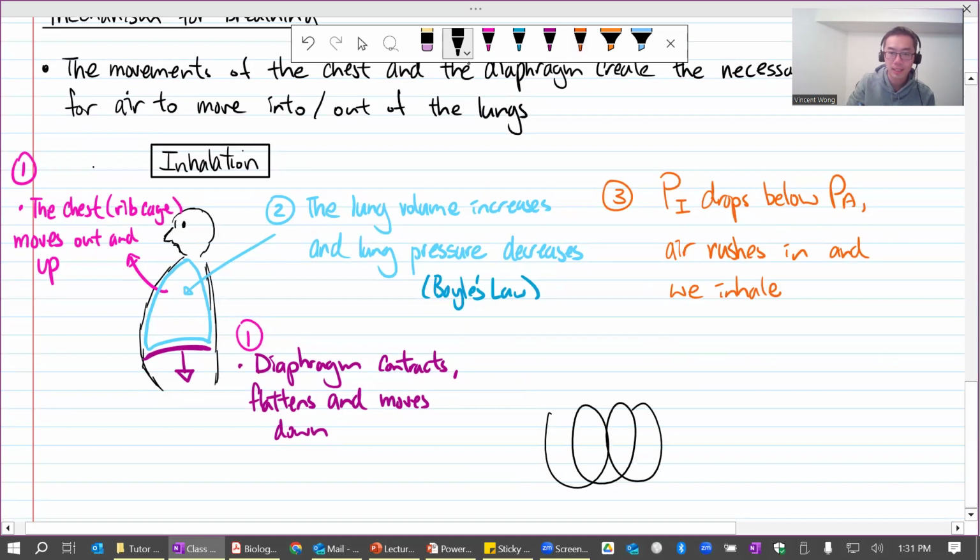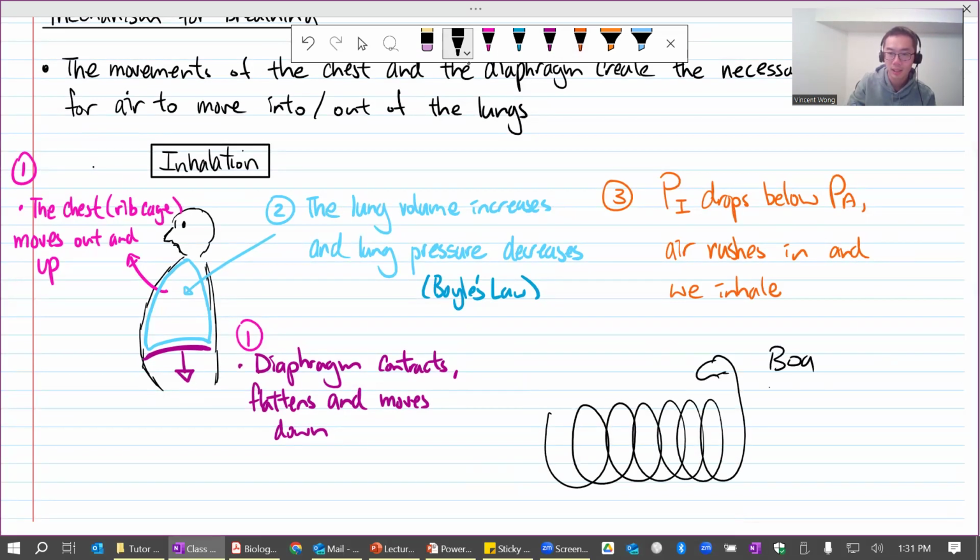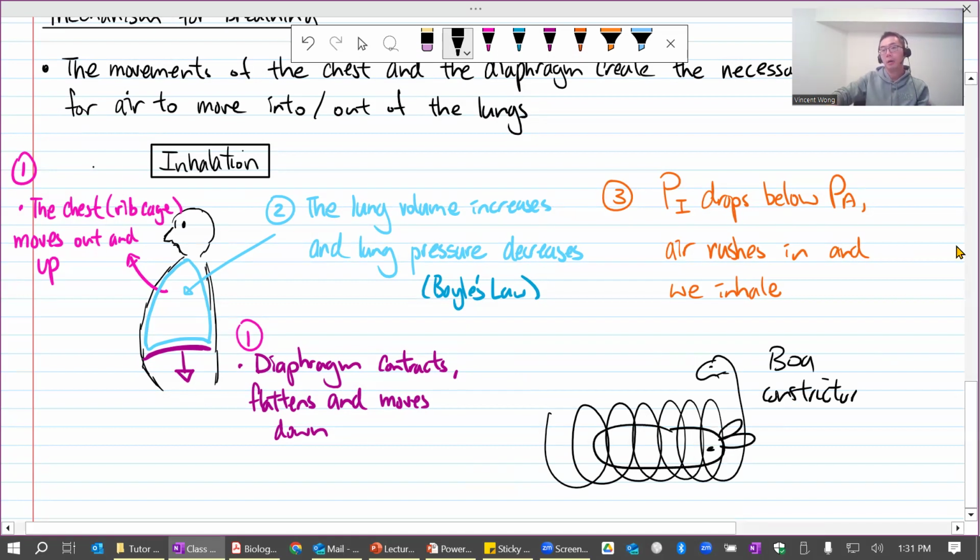You guys know the snake, right? It's called the boa constrictor. Like if it catches a rabbit or something, this is a kind of big rabbit. But every time the prey, the rabbit in this case, breathes out, the boa would squeeze a little harder and then squeeze a little harder.